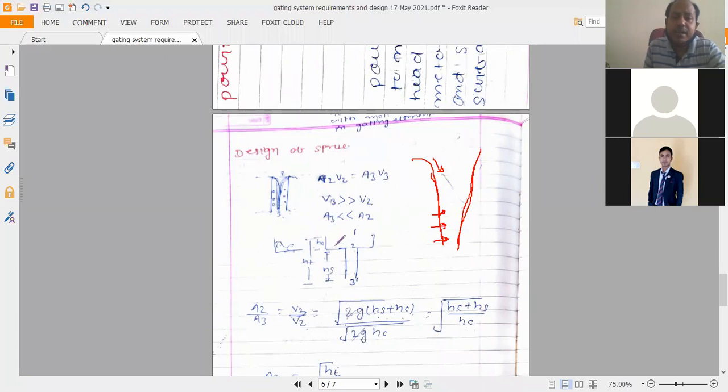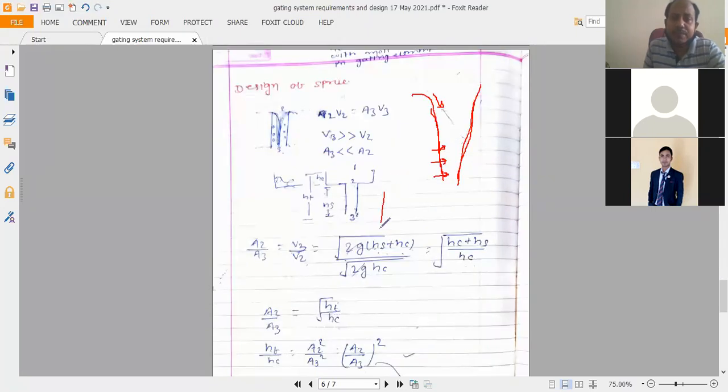If we made the gating system cylindrical, let us understand why we do not make the sprue part cylindrical, meaning there is no tapered section. If the sprue is like this, a cylindrical part, and the molten metal goes here, then the area is the same from the upper part to the lower part.